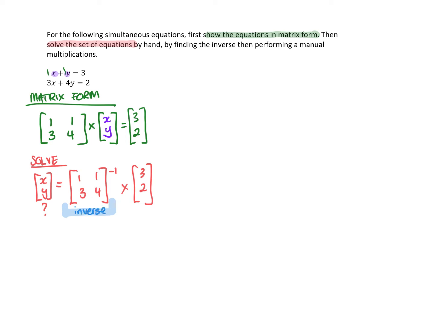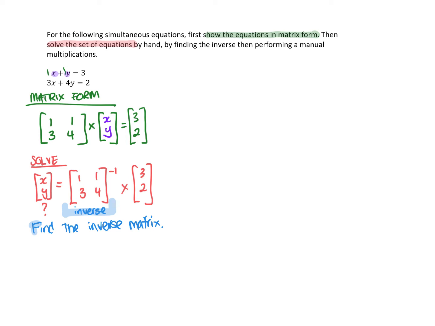So if I have to do this without my calculator, that means the next step is to first find that inverse matrix first. Yeah? That's the first thing I'm going to do.